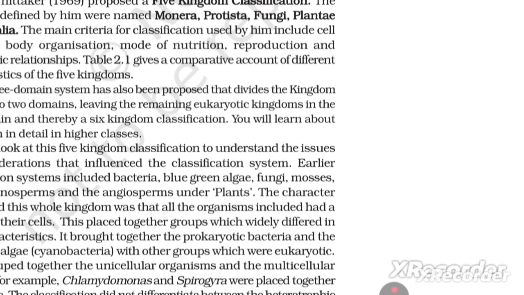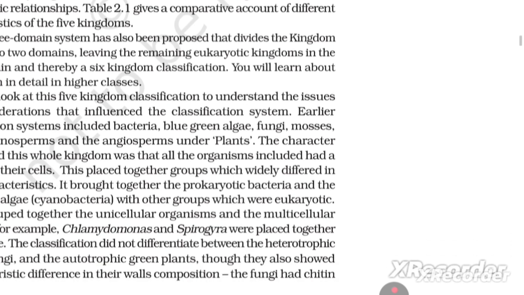It brought together the prokaryotic bacteria and the blue-green algae, cyanobacteria, with other groups which were eukaryotic. It also grouped together unicellular and multicellular organisms.